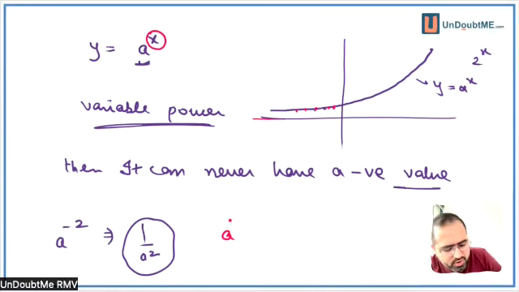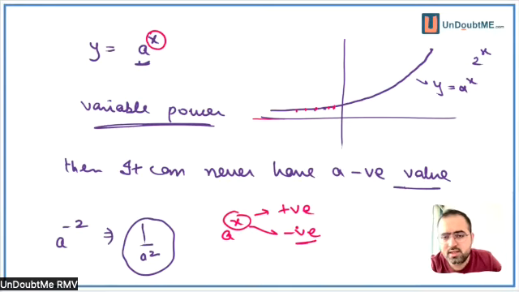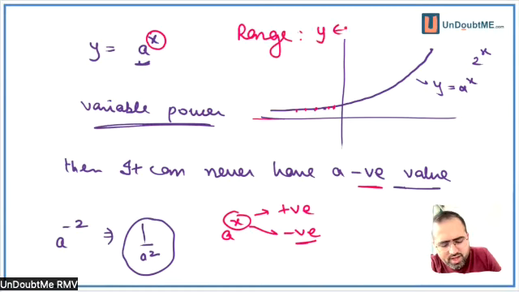So whether the power of x is positive or negative to any extent, the overall a to the power x is always positive. And this restriction, you can see that it cannot have a negative value, means I can say that range of e to the power x is y belongs to R plus.